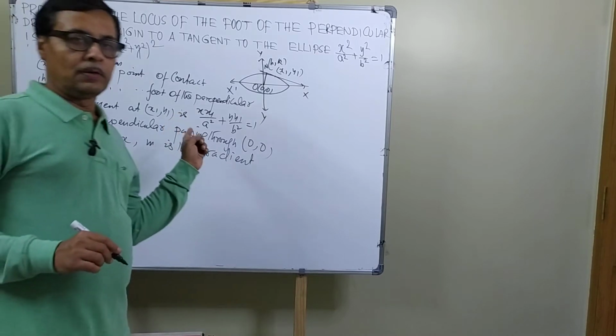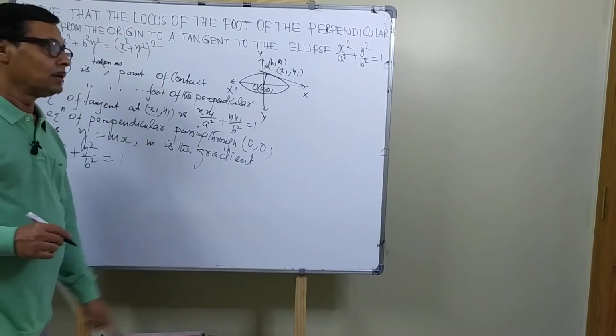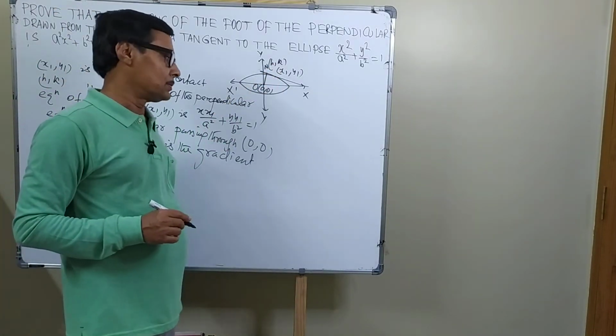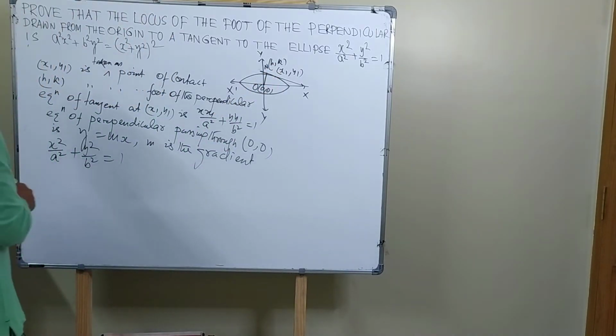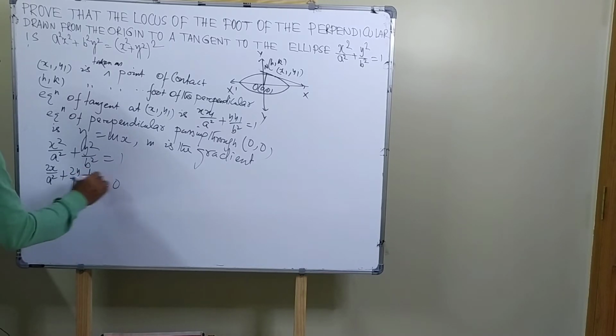We differentiate both sides with respect to x. After differentiation we get 2x over a square plus 2y over b square dy dx equal to 0.